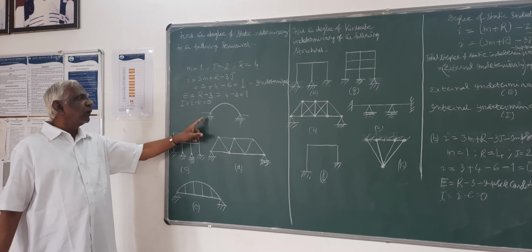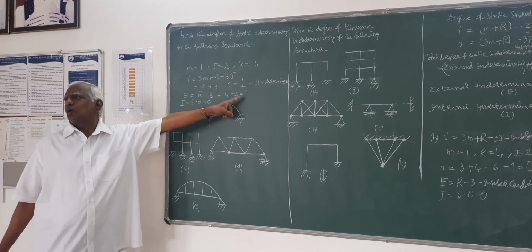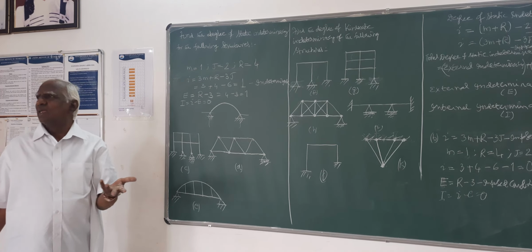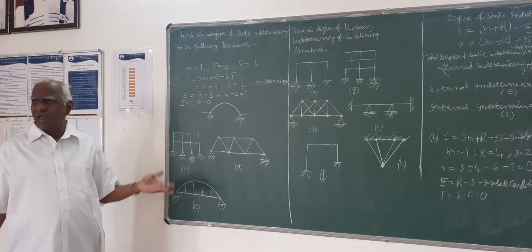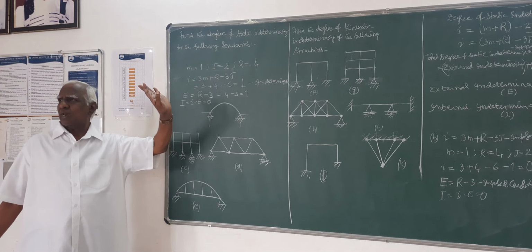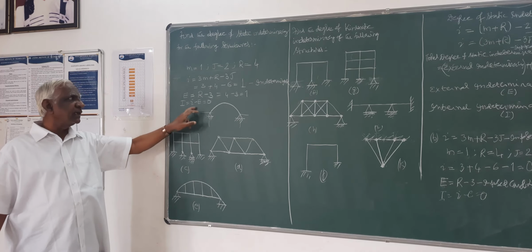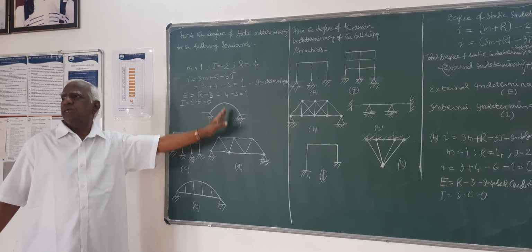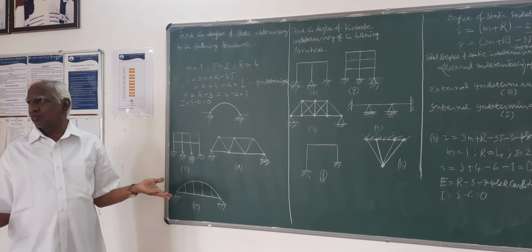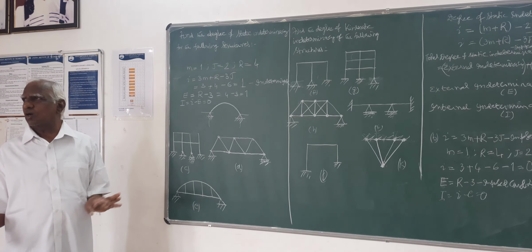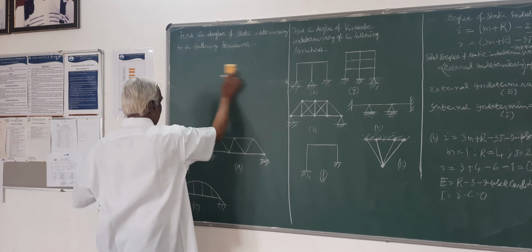So that means out of 4 external support reactions, 1 external support reaction you cannot determine by equations of statics. The other 3 you can determine. And the moment you determine the support reactions, the structure totally becomes determinate, and because internally it is determinate, at any point we can find the internal force without any problem afterwards. So that is about this second example.